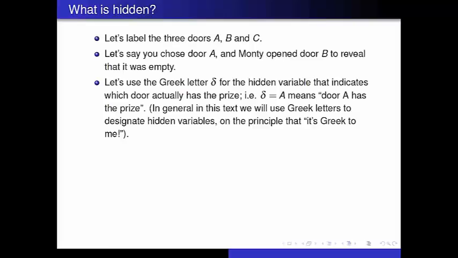So we have to ask ourselves, what's hidden? Well, clearly, where the prize is located is hidden, and we can choose some nomenclature for that. We have 3 possible hidden states, A, B, C, and as I said before, I will try to be consistent about using Greek letters for hidden variables, and I strongly recommend the same practice to you.